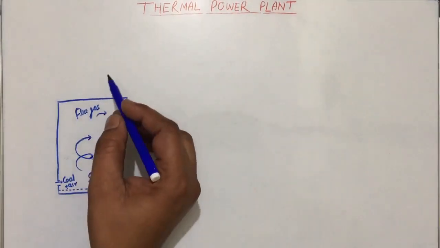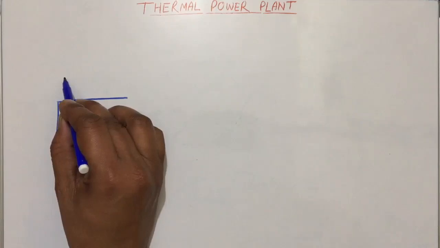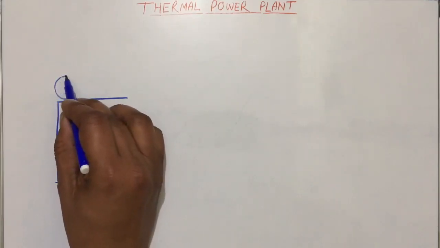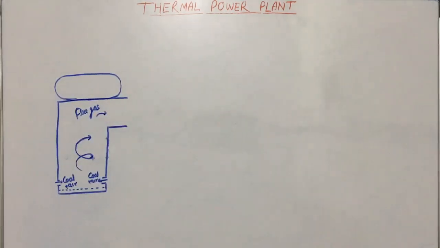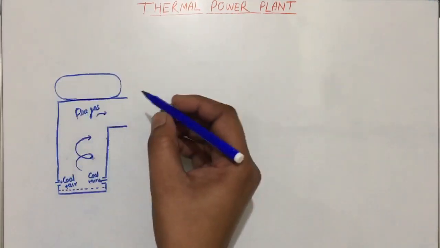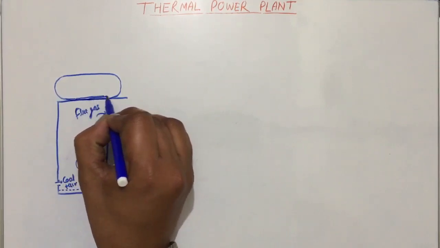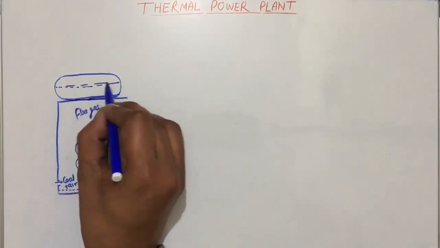At the same time, the boiler that is placed here somewhat like this is known as the boiler drum. There is water in it.